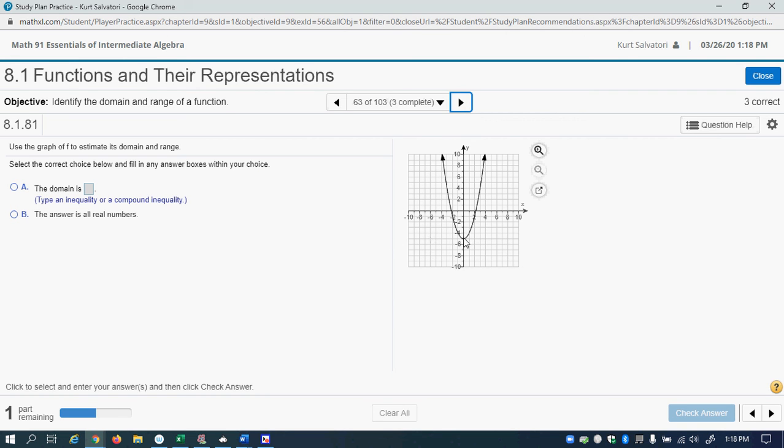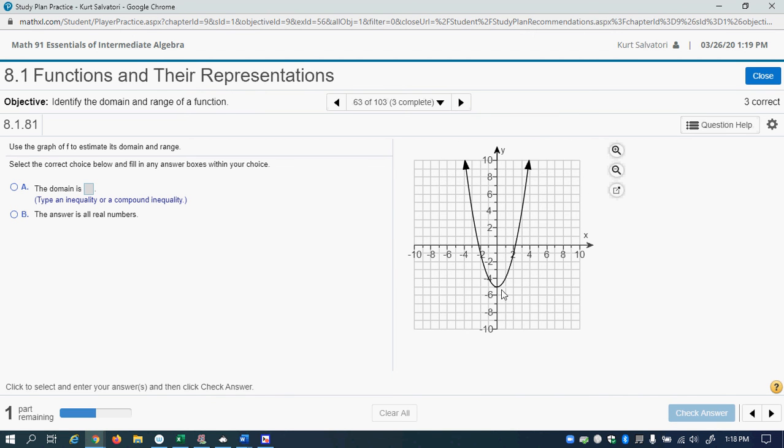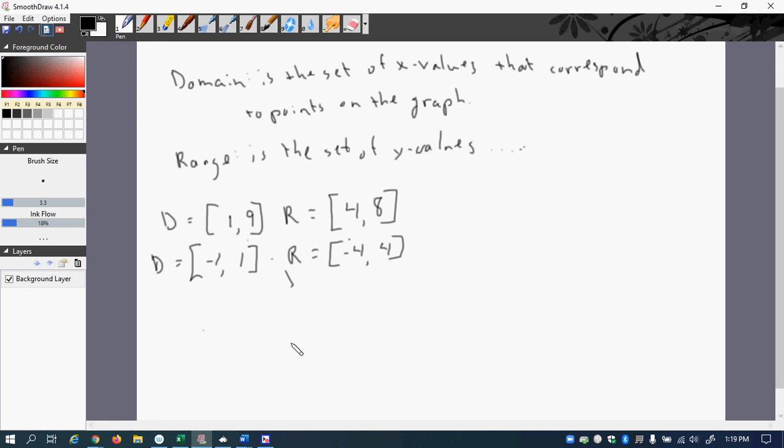For the domain, if we zoom in, it looks like it's at -4. I'm sorry, for the domain, it looks like these arrows go on forever. That means I need all of the x in this direction and all the x in this direction. So as an interval notation, I would write parentheses -infinity to infinity.